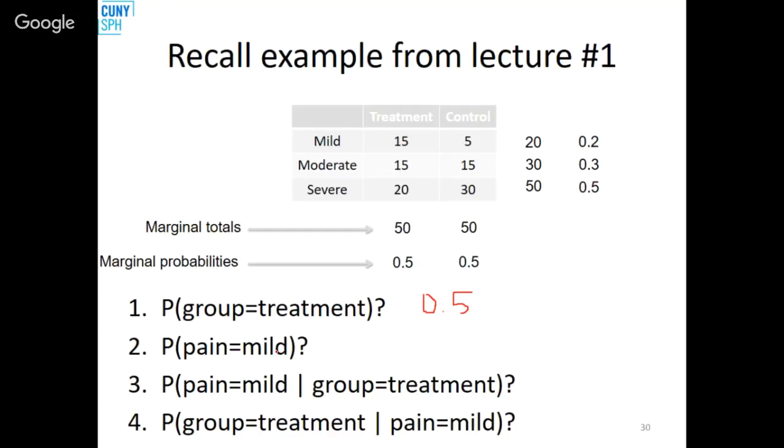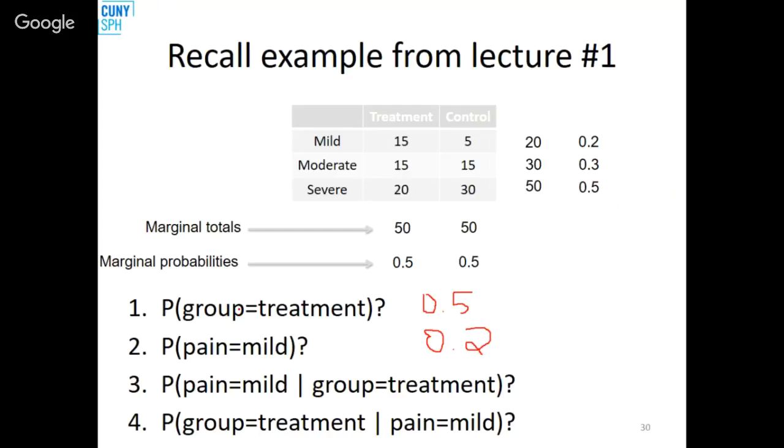Probability that pain equals mild. 0.2, because 20 people experienced mild pain out of 100.